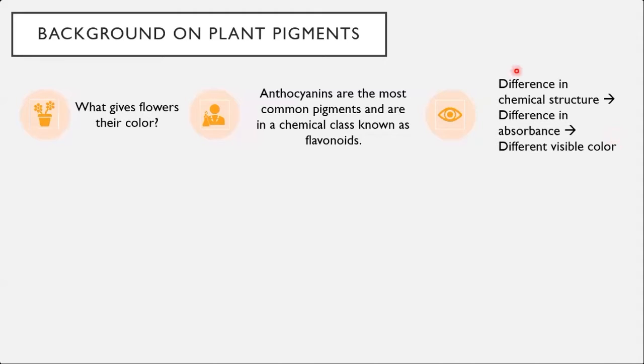So let's start off with a little background on plant pigments. First off, what gives flowers their color? Anthocyanins are the most common pigments found in the chemical class known as flavonoids. Here you can see that a difference in chemical structure, which we're referring to as pigments, creates a difference in absorbance, which then creates a different color in the flower.